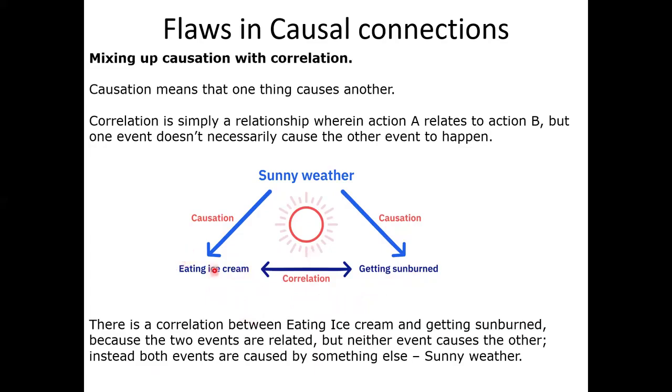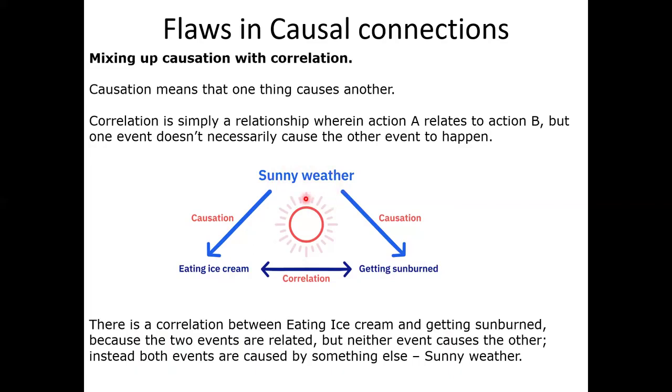Eating ice cream does not cause sunburns. Getting sunburns does not cause eating ice cream. Both these events are caused by something else. And what is that something else? Sunny weather.